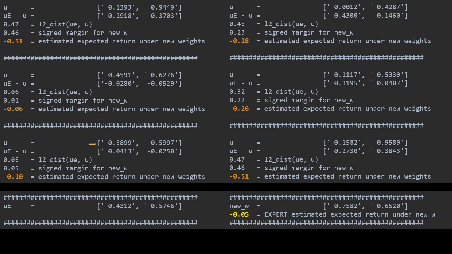Then running my quadratic solver, it converged and gave me the new weight over there, and you can already check that minus 0.05 is the best value when multiplying this new weight with the feature expectation, and this is for the expert. So the expert is made optimal, or better compared to all possible policies or agents present inside the pool. That's the role of the solver by a given margin.